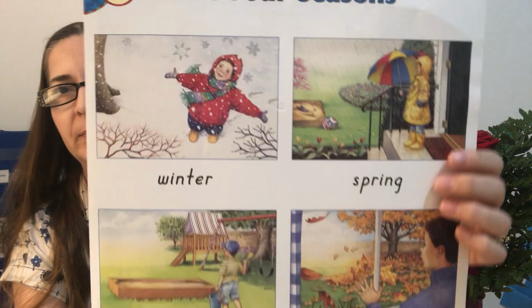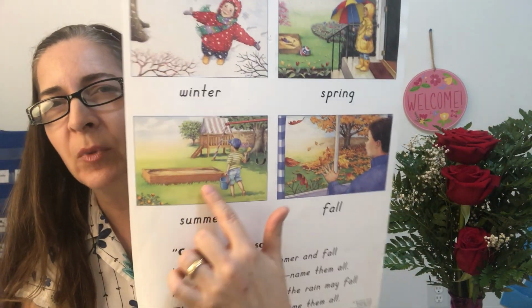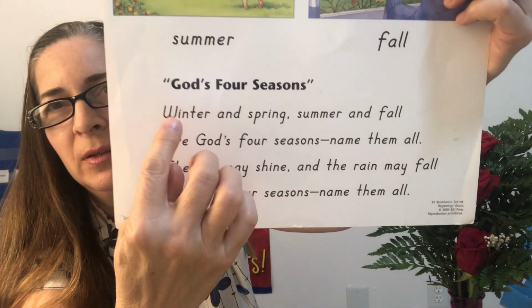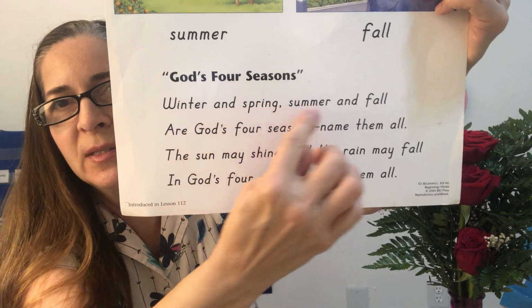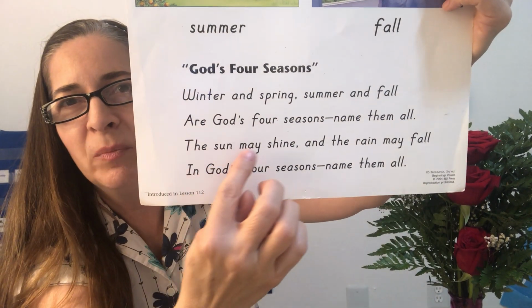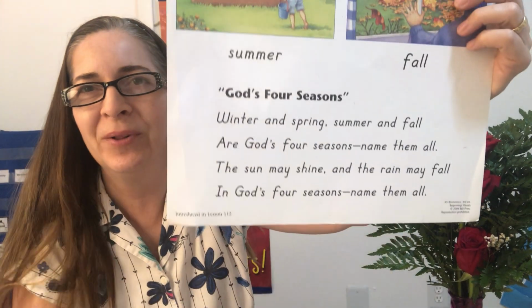We've discussed it before, so this is review, but we're going to go a little bit more into detail, and I will look for, oh, here it is, my season sign: winter, spring, summer, fall. And here it says our little poem: winter and spring, summer and fall are God's 4 seasons, name them all. The sun may shine, the rain may fall, in God's 4 seasons, name them all.